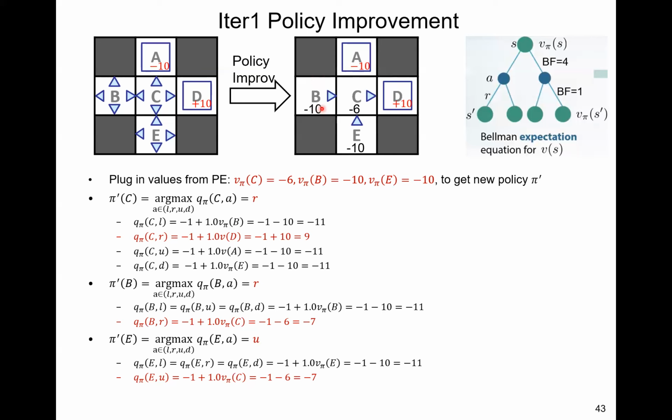But if you take the action right, you move into C, so you get a Q pi B,R of -7. So taking the argmax, you get action right is the greedy optimal action. Similarly for E, up is the optimal action for the current value functions.